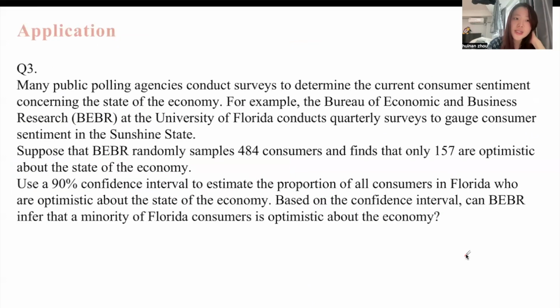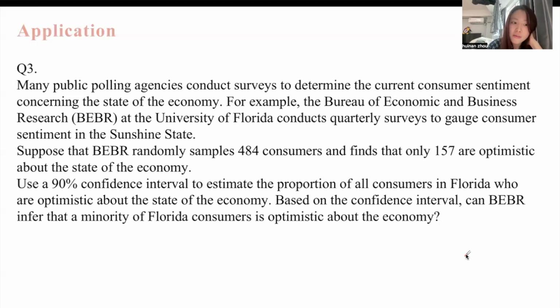And question 3 is about the proportion. Suppose the sample contains 484 consumers, and we find that only 157 consumers are optimistic about the state of the economy.